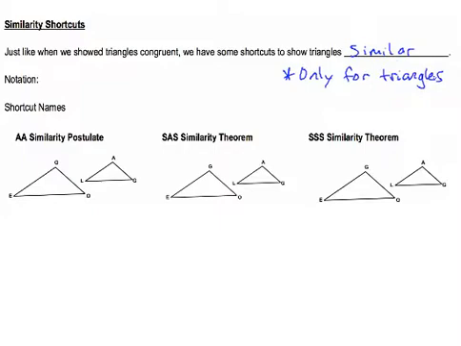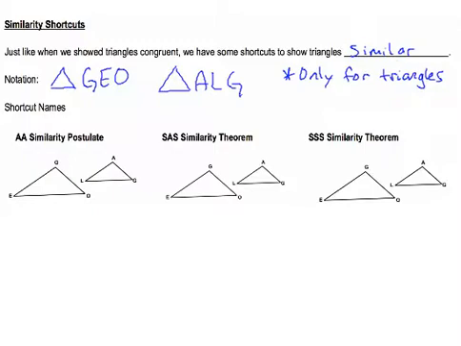When we talk about similar figures and similar triangles, we have a new symbol. So let's say I had some triangle. Let's say it was triangle GEO. And I wanted to say that that triangle is similar to, let's say, triangle ALG.